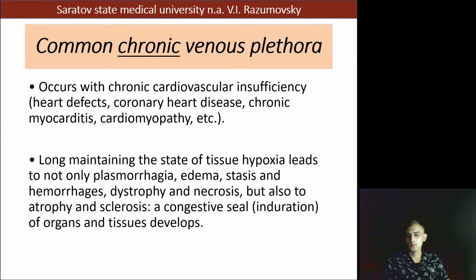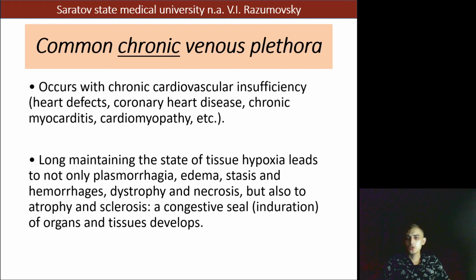It may be associated with heart defects, coronary heart diseases, chronic myocarditis, cardiomyopathy, and other chronic heart diseases. Long maintained state of tissue hypoxia leads to not only plasmorrhagia, edema, stasis and hemorrhages, dystrophy and necrosis, but also to atrophy and sclerosis. It's the main morphological manifestation of chronic venous hyperemia.